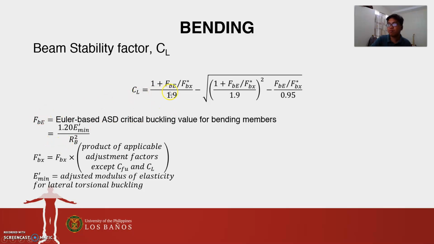And so if we have FBE and FB star, we can compute for CL, which would be the beam stability factor, the only adjustment factor that is lacking for FB, if you will remember from our previous discussion.